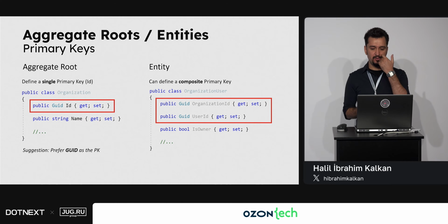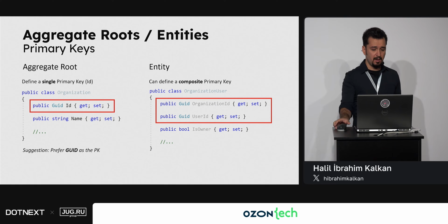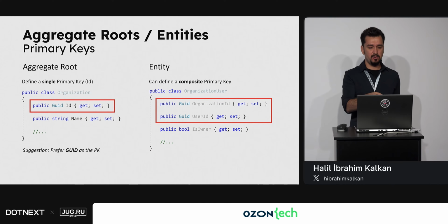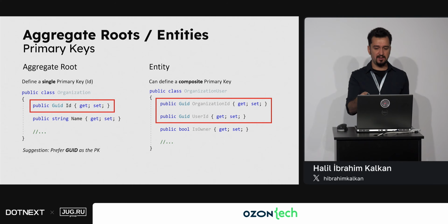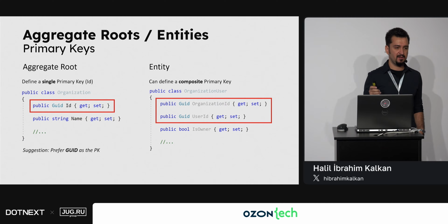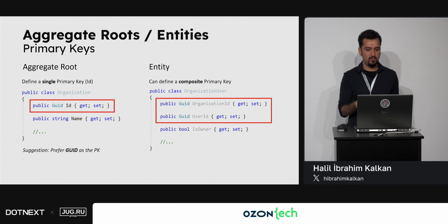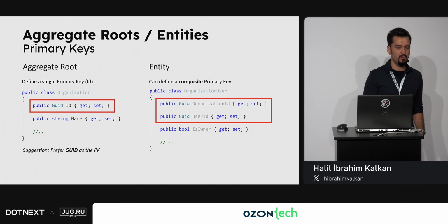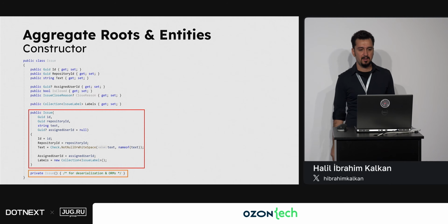So for entities, you can have composite primary keys, because when you need to access this entity, you can go with organization ID and also user ID. It defines the primary key of this entity very well. So you can use composite primary keys for entities. However, for aggregate roots, we always suggest using a single primary key.